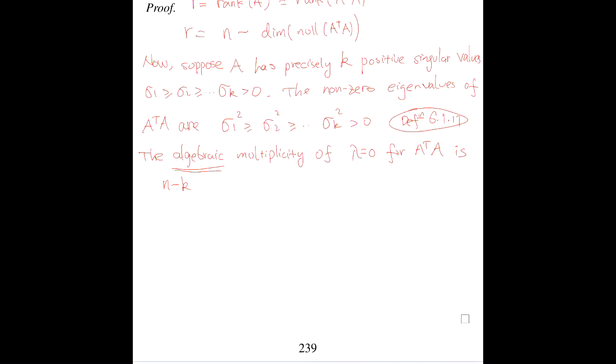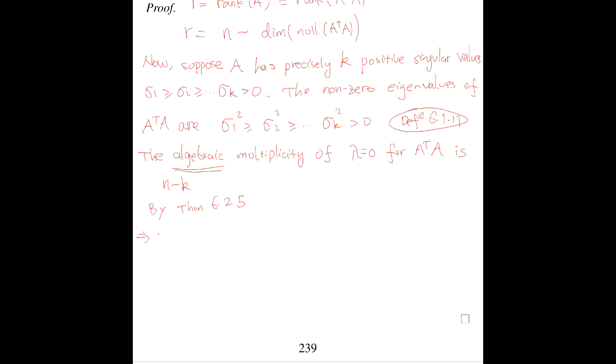Also by another theorem, 6.2.5, if a matrix is diagonalizable, then its algebraic multiplicity equals its geometric multiplicity for each eigenvalue.